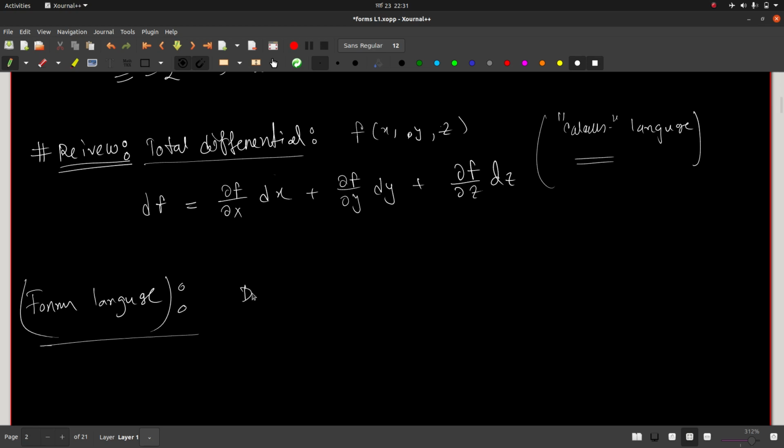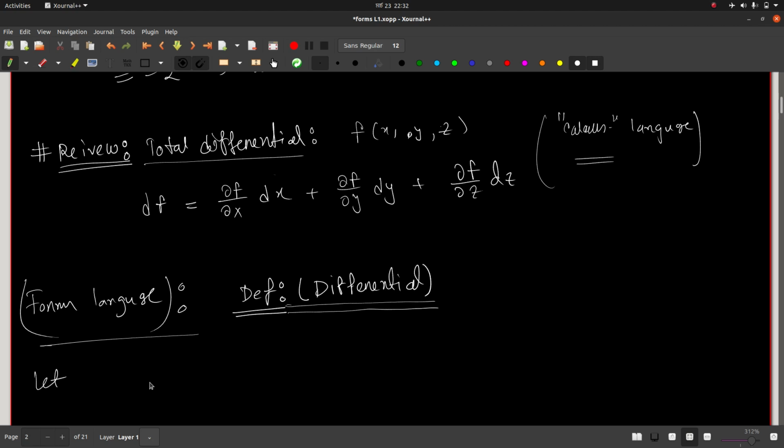So the definition for a total differential, or a differential if you want to call it, will be the following. Let there be some function f on the manifold, that means it takes input from the manifold, the points, and maps them to a real number.